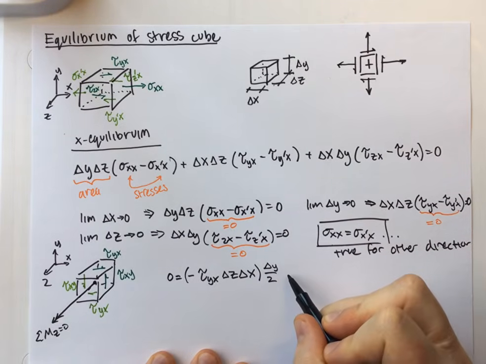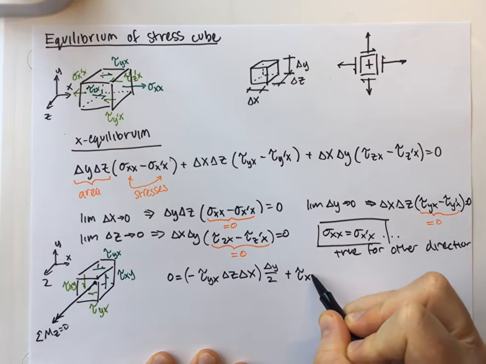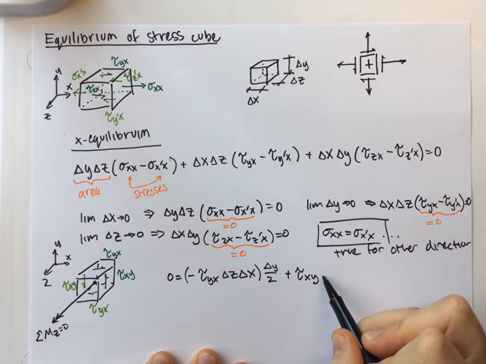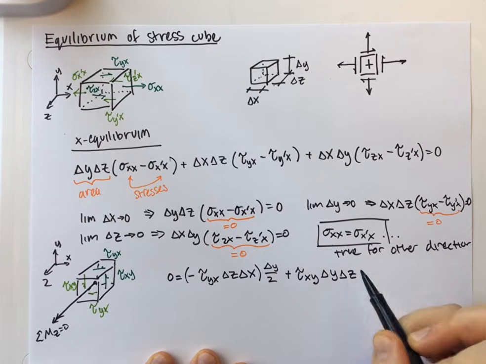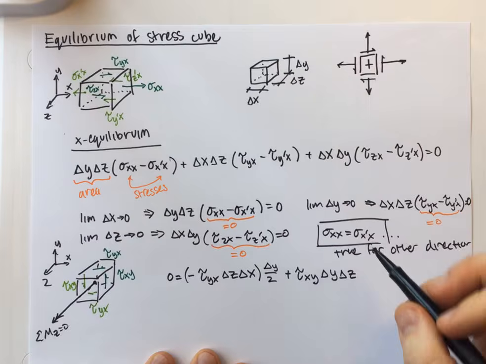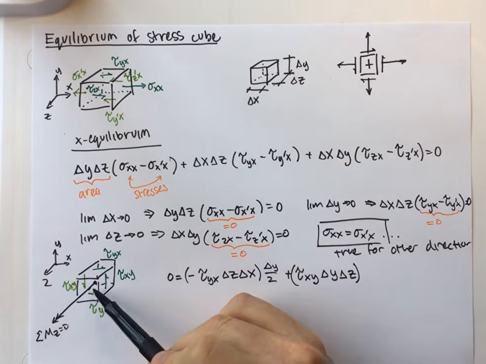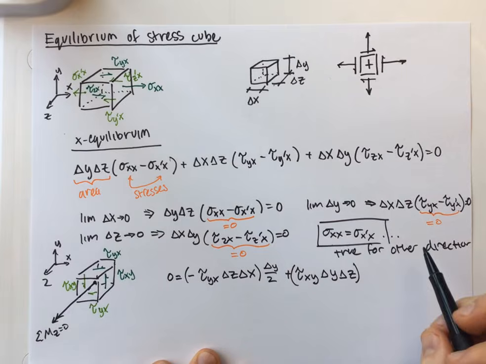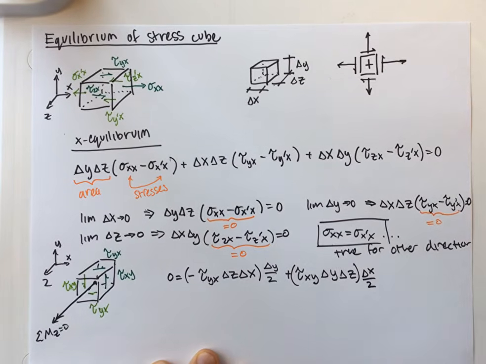And we can do the same thing. We're going to end up with a tau xy times delta y delta z. So that's the area of this front face, and that's going to be the force. And now we're going to end up with the lever arm, and that's going to end up being delta x over 2. And we're going to end up with 2 more of those, right?